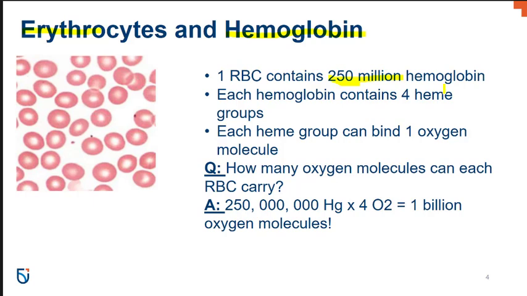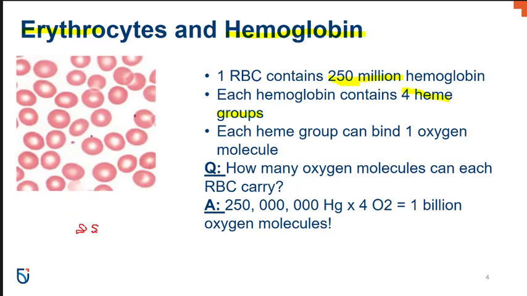Now, each of these hemoglobin molecules contains 4 heme groups. So we can say that on each hemoglobin, there are 4 regions that will be able to carry oxygen. It won't be pretty, but I'm going to try to draw it out here.